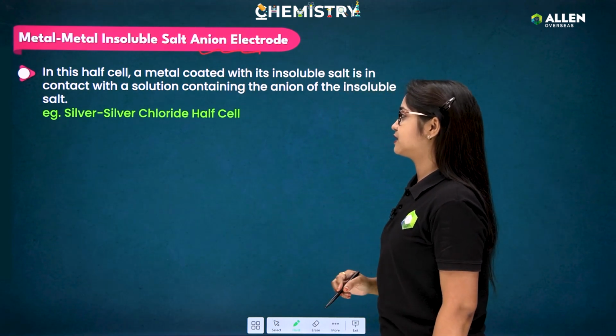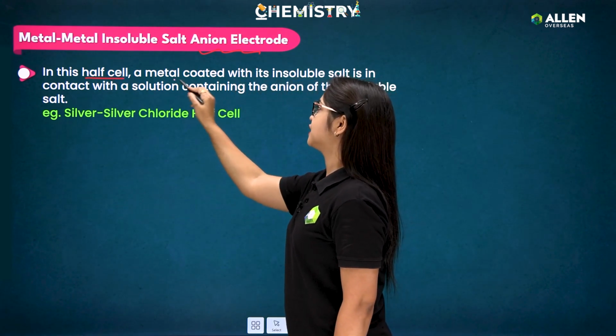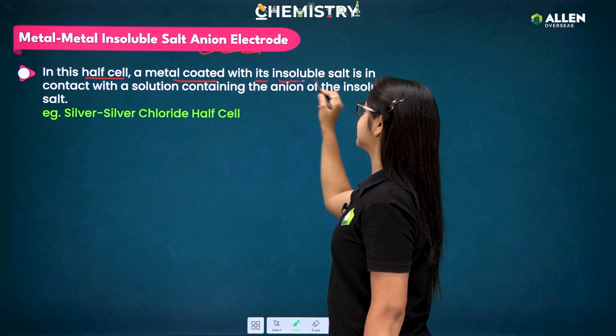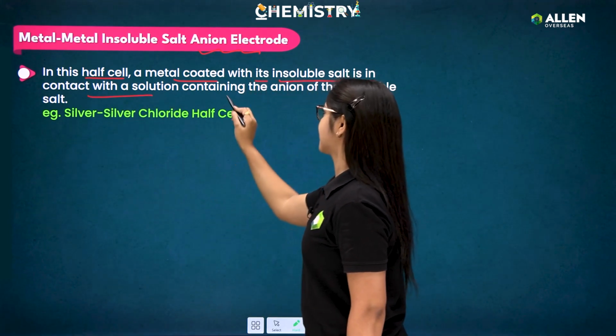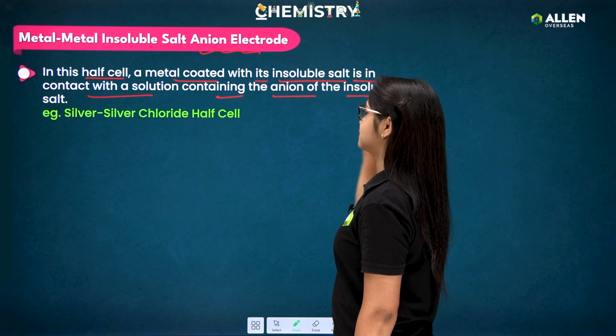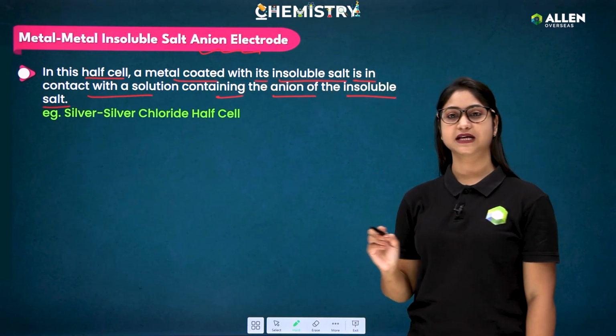So what happens in this cell? In this half cell, metal coated with its insoluble salt is in contact with the solution containing the anion of the insoluble salt.